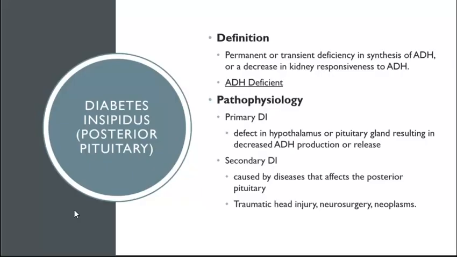Ultimately, diabetes insipidus means that we do not have antidiuretic hormone. Now, what is antidiuretic hormone? Antidiuretic, anti-peeing hormone, anti-urinating hormone. If we do not have that hormone, we are peeing tremendous amounts of fluid.